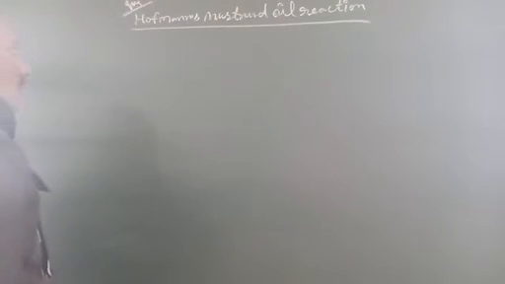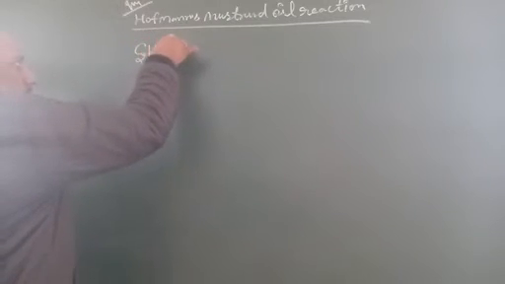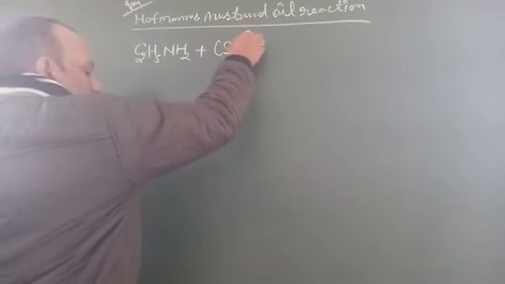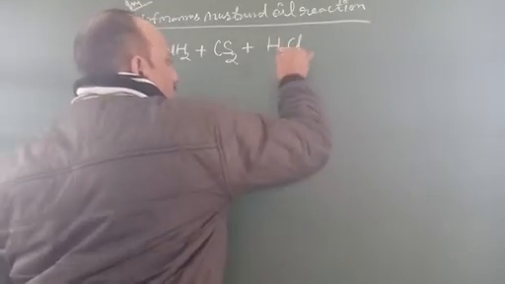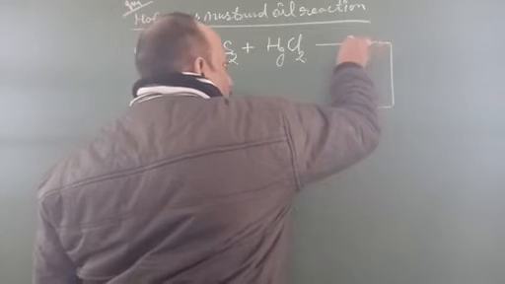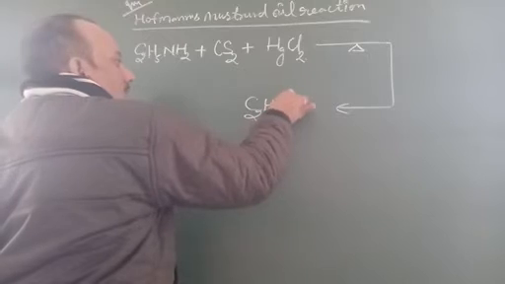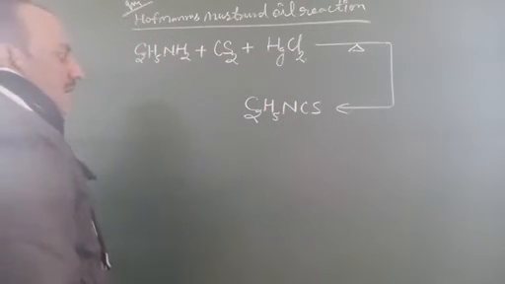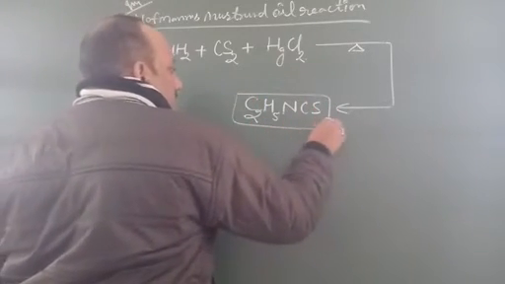According to this reaction, ethylamine, C2H5NH2, reacts with carbon disulfide CS2 and mercuric chloride HgCl2 to form C2H5NCS, ethyl isothiocyanate. This is the main product of this reaction.